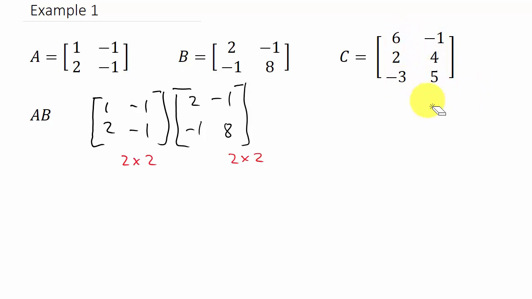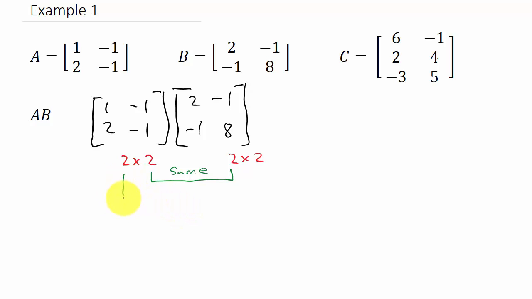In order to multiply matrices, once you write the dimensions down, the two inside numbers have to be the same. If they're not the same, then you can't multiply the matrices.